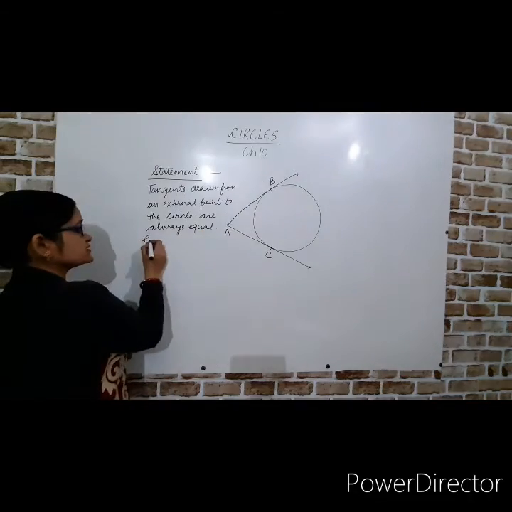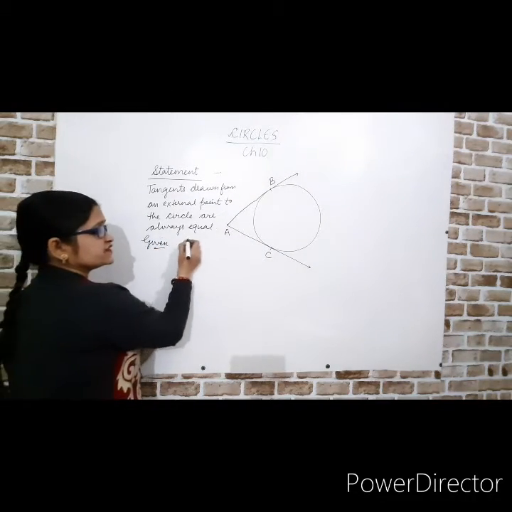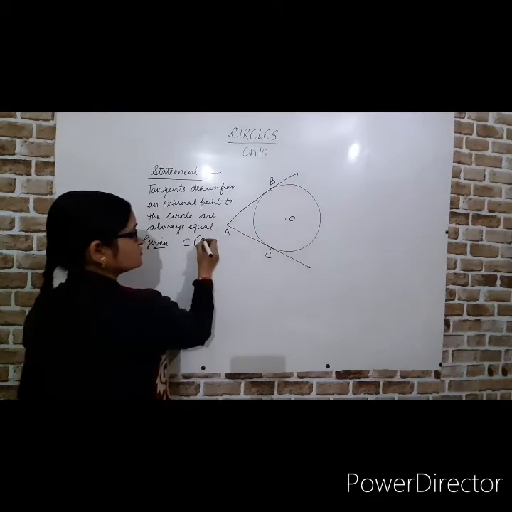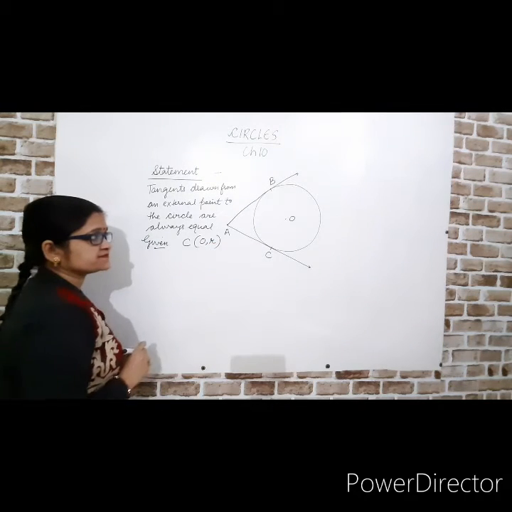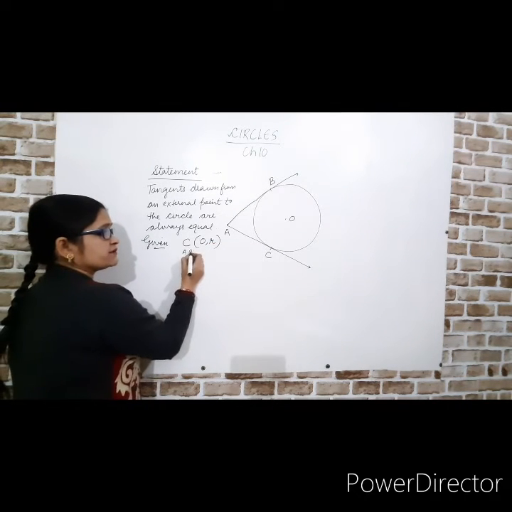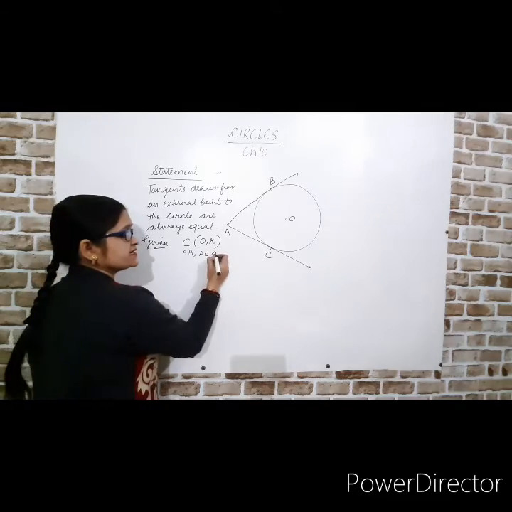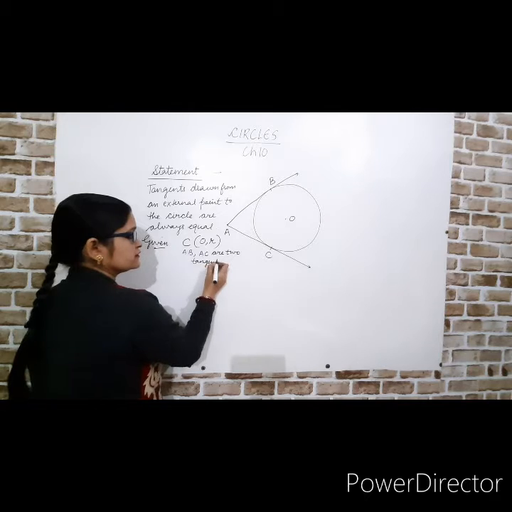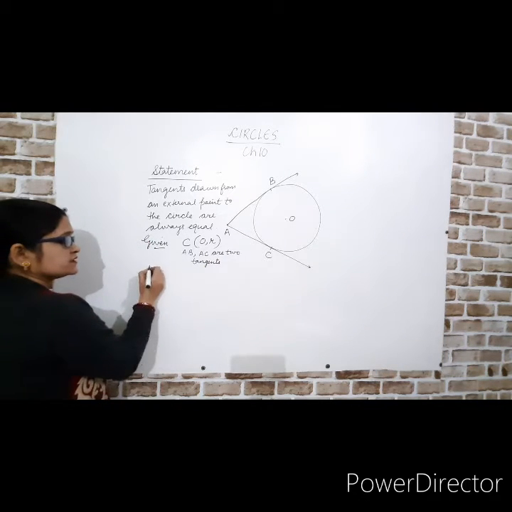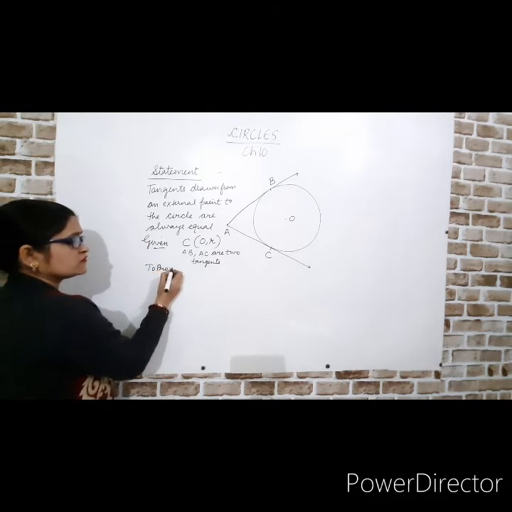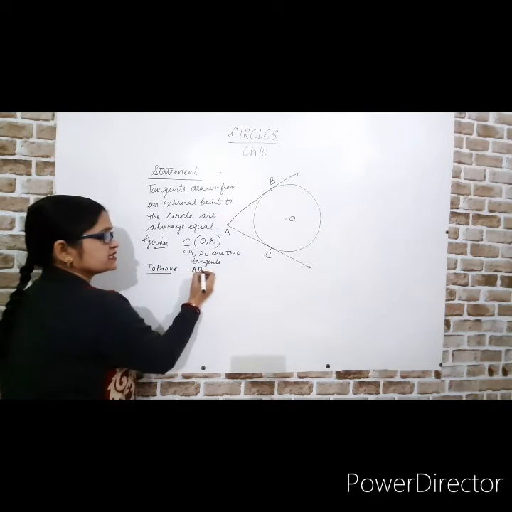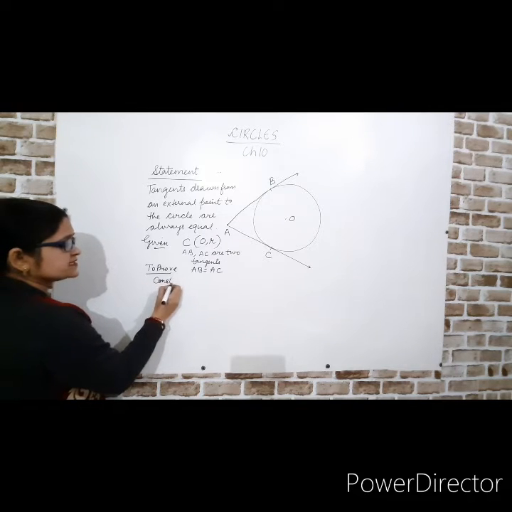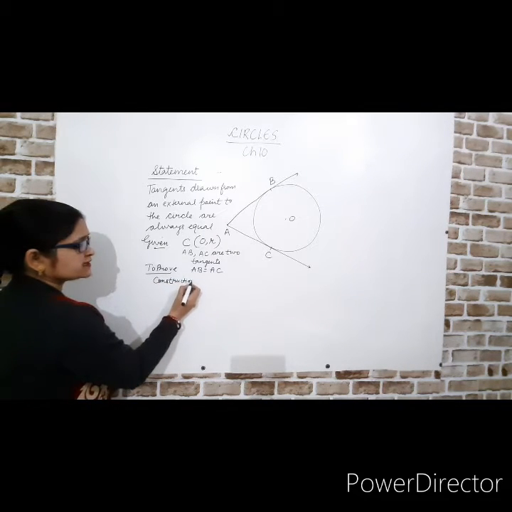Once again, what is given to us? Given is one circle whose center is O and radius is R. AB and AC are two tangents. To prove AB is equal to AC. For this I am doing a construction.